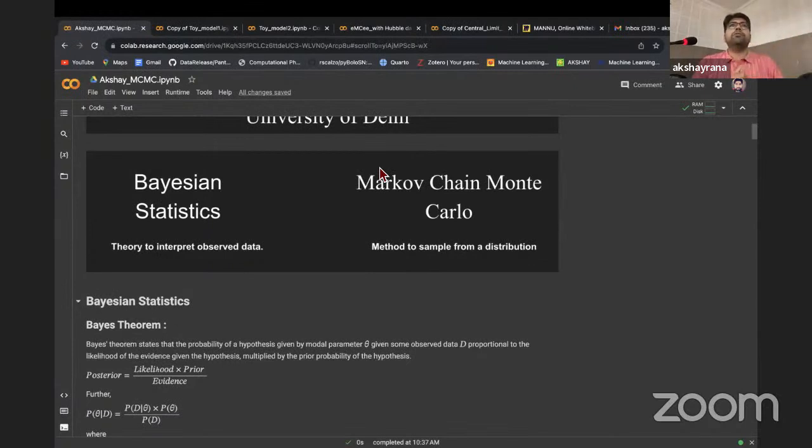That comes under the purview of Bayesian statistics. Once you have a probability distribution function, it could be the multiplication of two different probability distribution functions, a joint probability distribution function multiplied with a prior, any sort of that. But Markov chain Monte Carlo in itself is just a method of sampling that distribution.